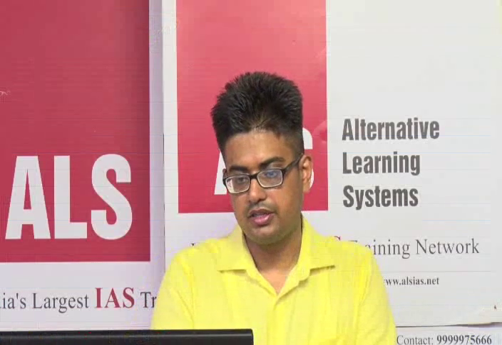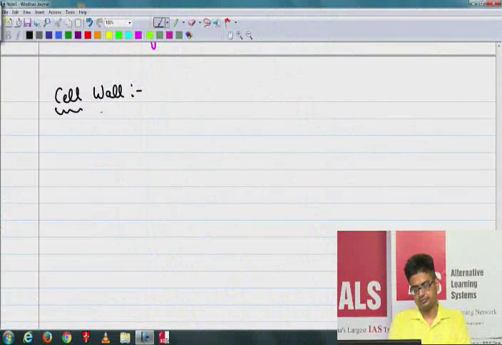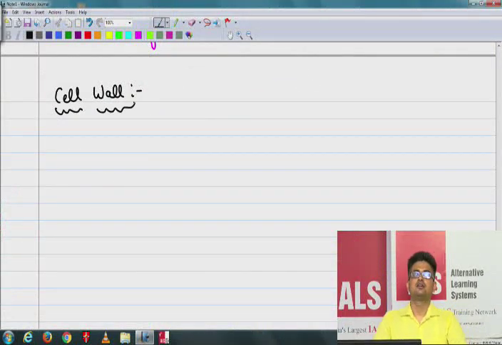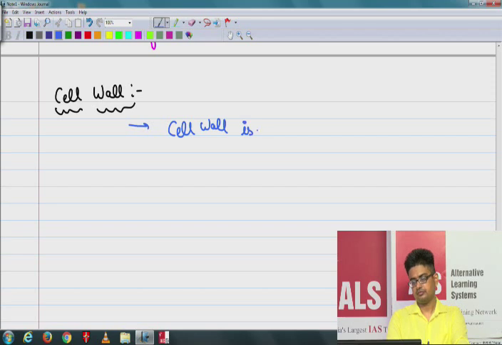So now let's try to write the names of these things. First of all, the thing is cell wall. Cell wall is made up of a substance called murein. You can say cell wall is made up of murein or mucopeptide.